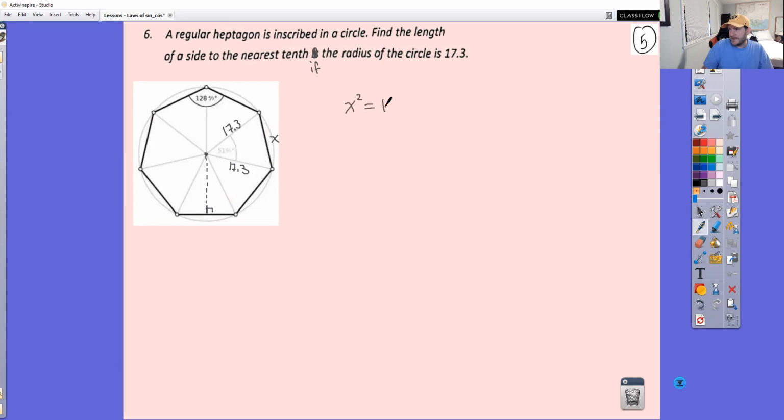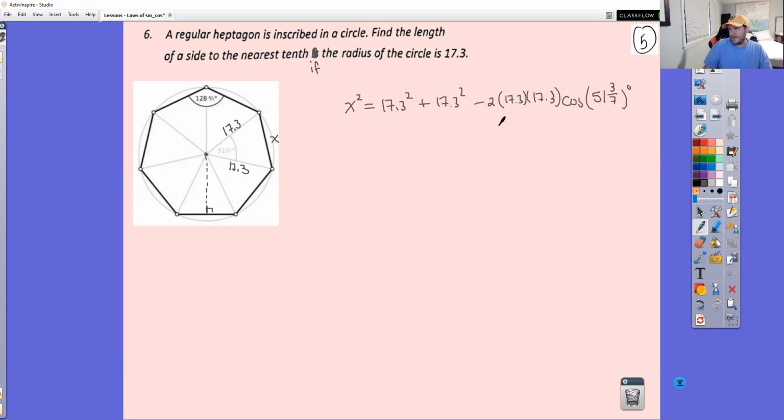X squared equals 17.3 squared plus 17.3 squared minus 2 times 17.3 times 17.3 times the cosine of 51 3/7 degrees. Sure, I'll use your fraction.